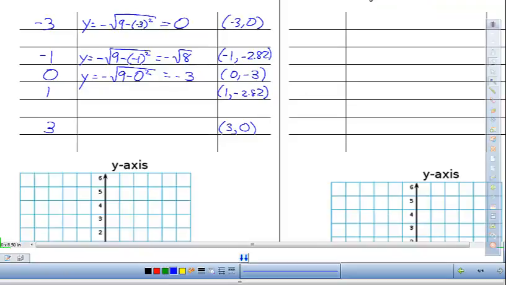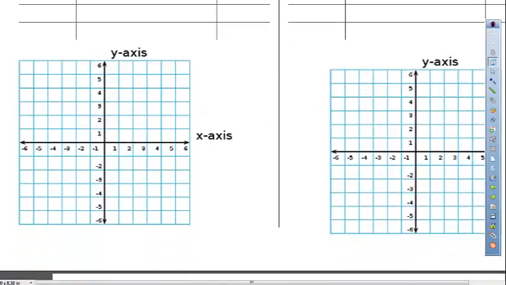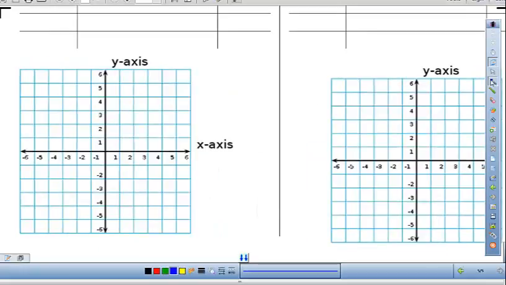Oh boy, I hope you all can remember them. We've got (negative 3, 0), and then I think we also had (3, 0). And then we had (0, negative 3). Is that right?